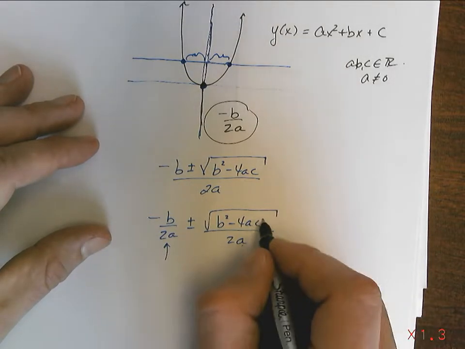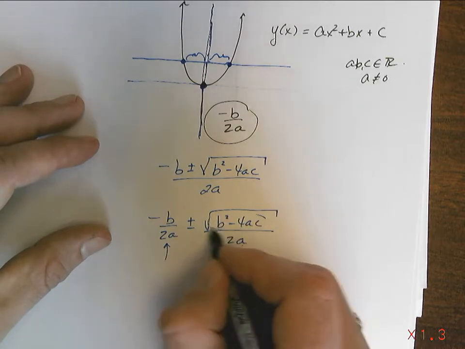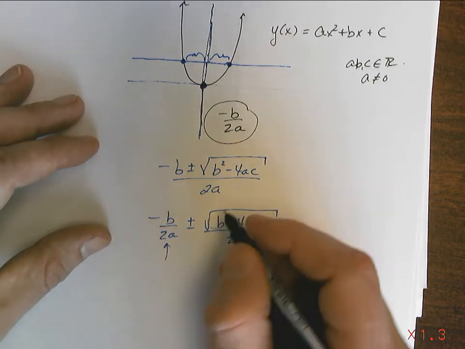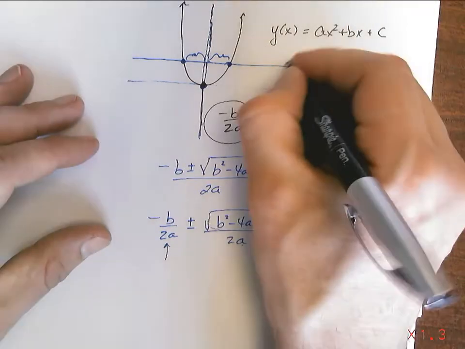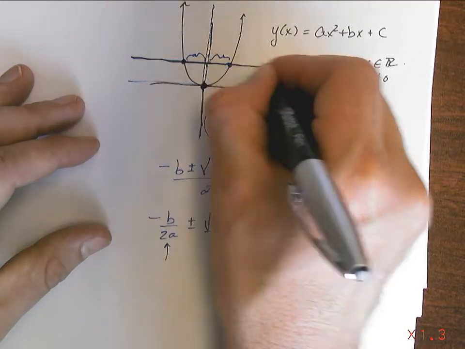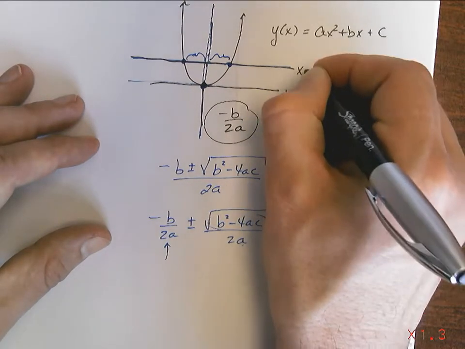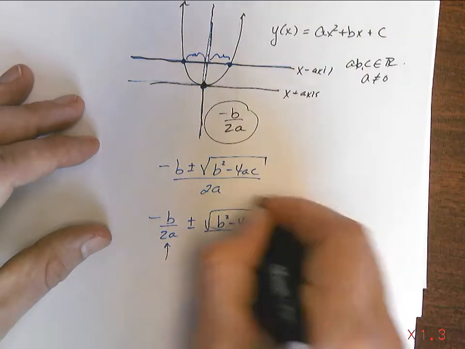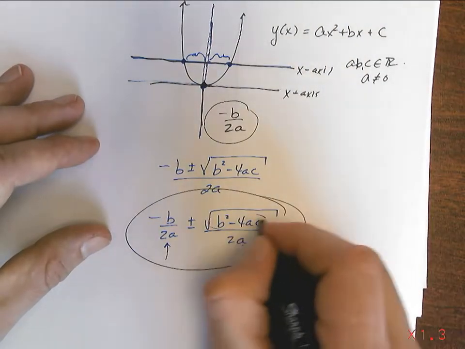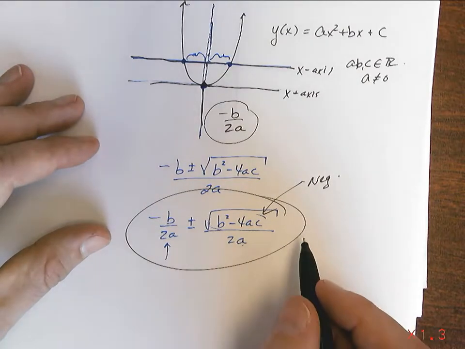Now the last case is what happens if this is negative. Well, if this is negative, then we're going to have a negative under the square root. I'm going to have complex numbers, so with this one, this was the x-intercept. With this one, I just moved it so that the x-axis was above it. But in this one, where I have a negative under here, there can be nowhere to put those roots.